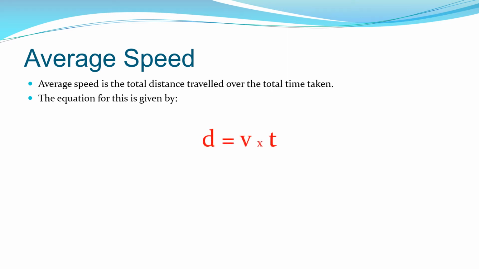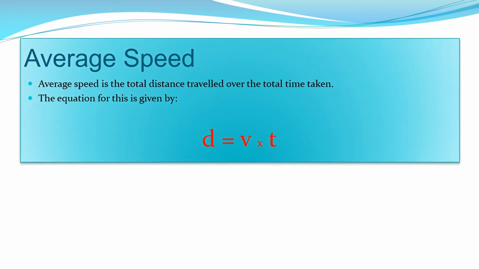It's your d equals vt equation, but it's handy in that it gives us an overall impression of a journey, okay? And this is what we'd use it for, journeys, okay? So say your average speed when you're driving somewhere is 50 miles an hour and you're driving for 2 hours. Well, that allows you to work out, okay, I'll go about 100 miles, okay?